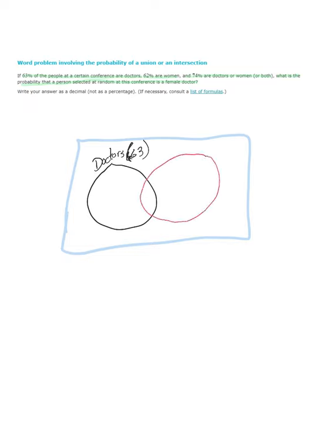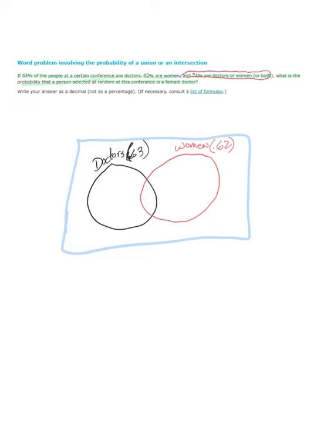Now, some of those doctors are women, so I'm going to have these groups overlap. And that is 62%. It tells me that 74% of the people at this conference are doctors or women or both.